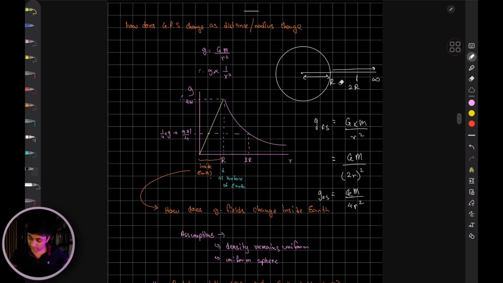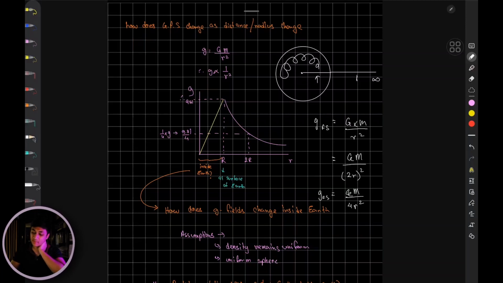Now, what you have over here is, the moment you go inside the Earth, there is mass on the surface pulling on you, and there is also mass inside the Earth pulling on you. Therefore, let's say you are at this position.